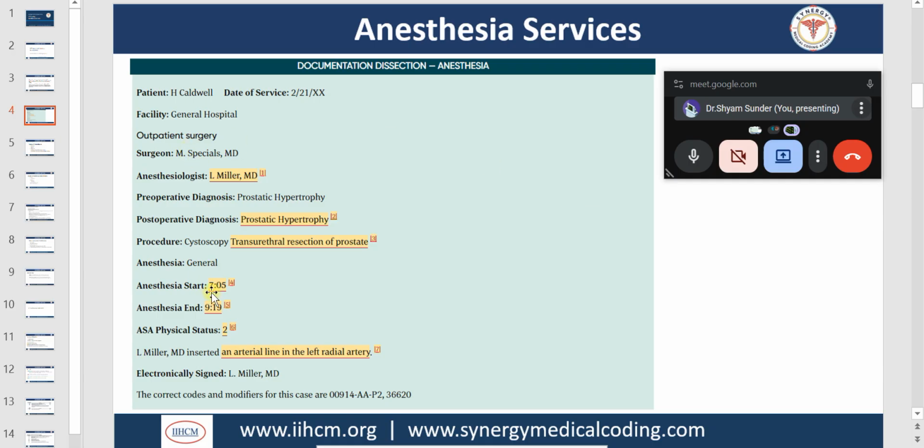So that means the service is already done and the documentation is also done. For coders, complete documentation is very important. By the time this record comes to you, the service is done, documentation is completed, and now you have every information.